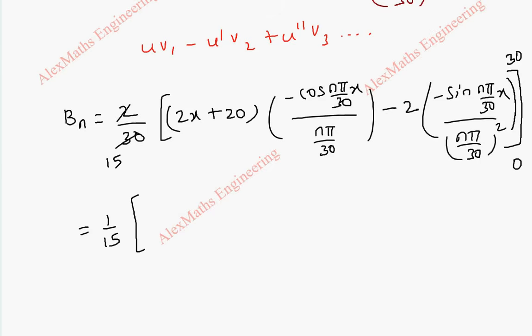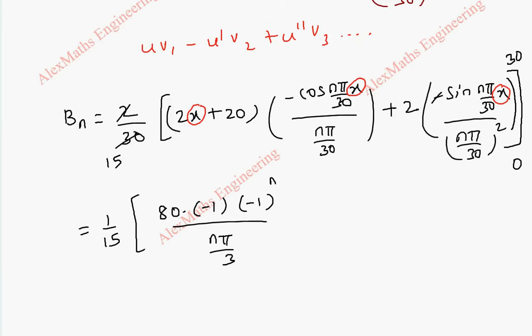When I apply the upper limit, when I put 30, we get cos n pi. And here when I put 30, 30 into 2 is 60, 60 plus 20 is 80. So 80 into, there is a minus sign, then cos n pi is minus 1 whole power n, divided by n pi by 30. This we can cancel, make it as plus. When I put 30 here, for this x, sin n pi will become 0.